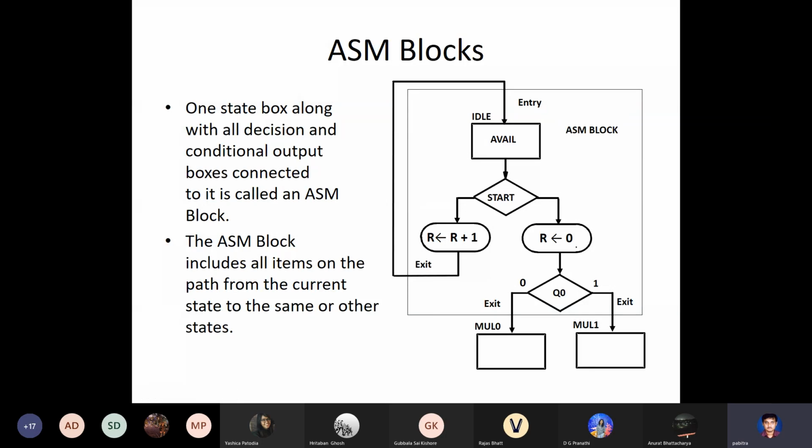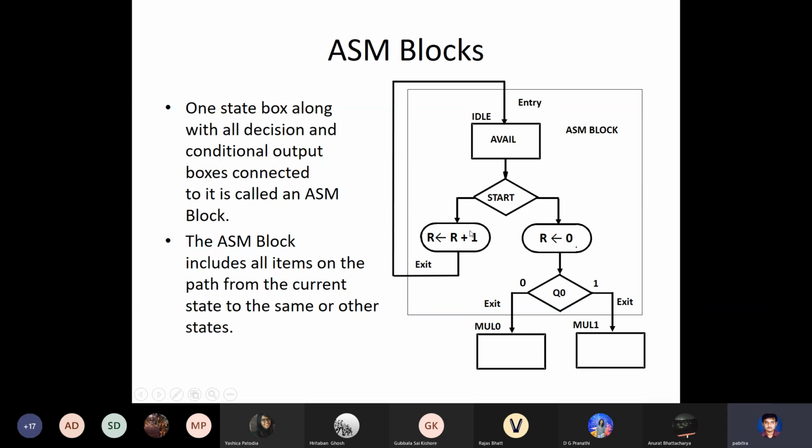Also, there is one more thing to be noted: what happens in one clock cycle? The system will stay in one ASM block for a whole clock cycle. So what will happen in that whole clock cycle? First, it will move to this state, whatever the state assignments are. Then all these register transfers will happen in the same clock cycle.